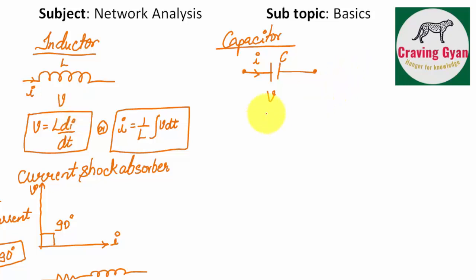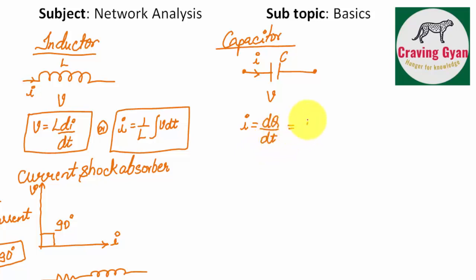Similarly, in the case of inductor, you got V equals L into di by dt. For the capacitor, the current that flows depends on the charge carriers, so I will take it as dq by dt.